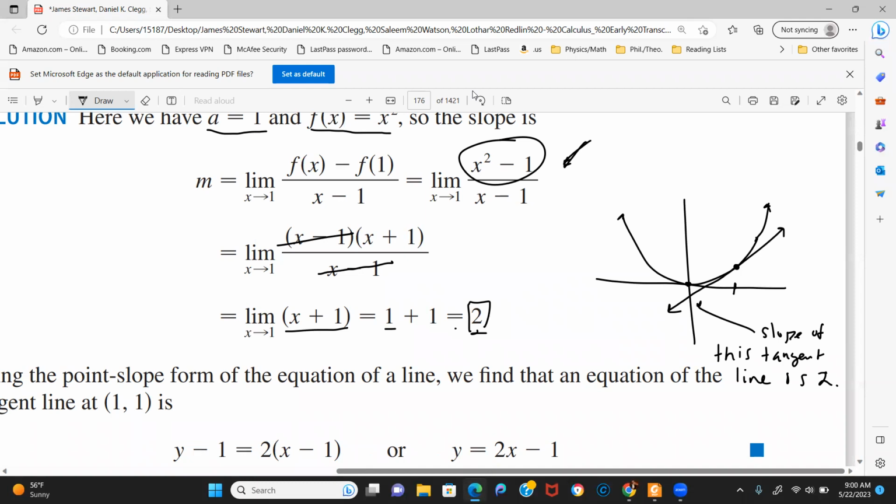In other words, we have two different ways of interpreting the derivative. We can interpret it as the slope of a tangent line, or we can view the derivative as the rate of change of some quantity. In most cases we've been looking at, it's the rate of change of your position.